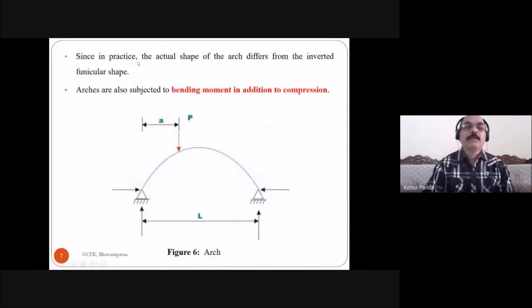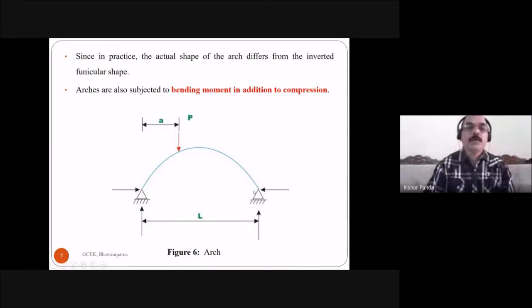In practice, the actual shape of the arch differs from the inverted funicular shape. Arches are also subjected to bending moment in addition to compression. So the arch is always subjected to bending moment in addition to the compression, because here you see this is the horizontal direction. Due to this horizontal reaction, the arch develops the compressive force.